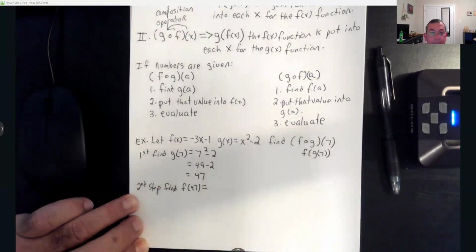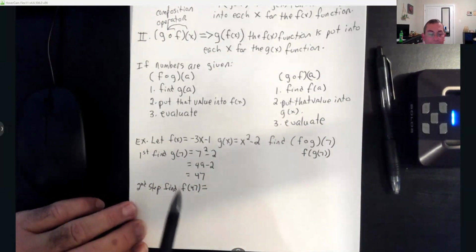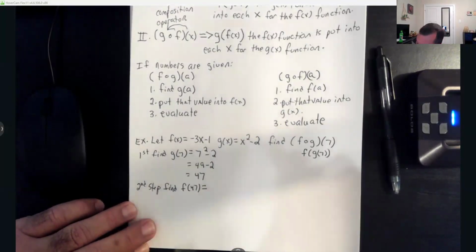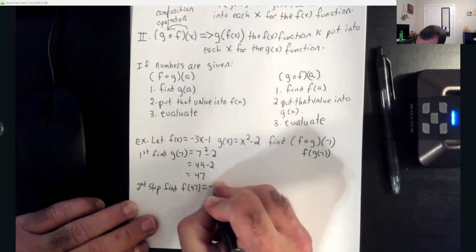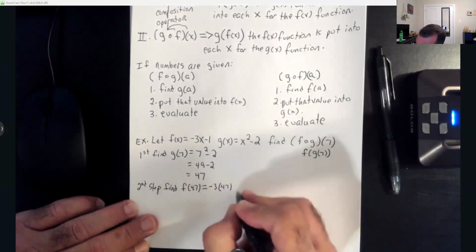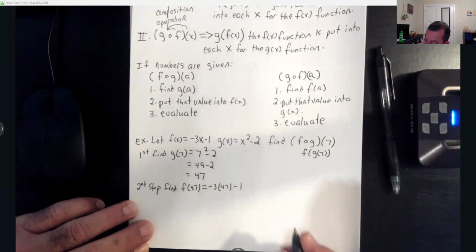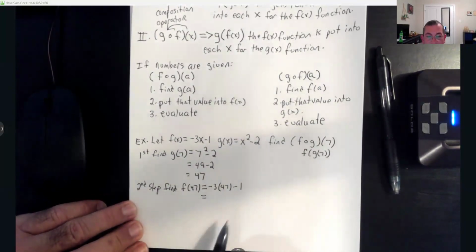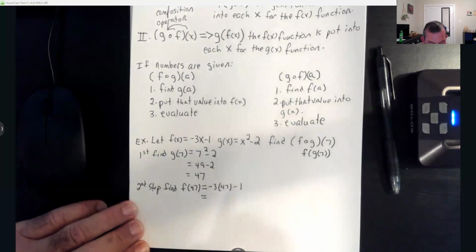So here we go. Our f equation, negative 3x minus 1, we'll bring down: negative 3, put the 47 in for our x, and then minus 1. All right, so once we evaluate this, we'll have our final answer.